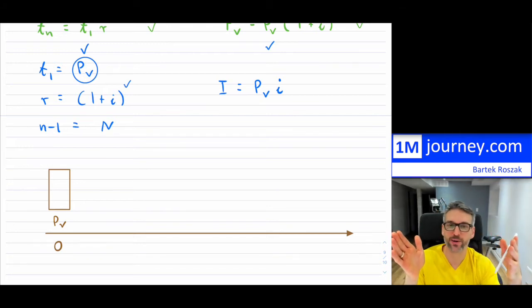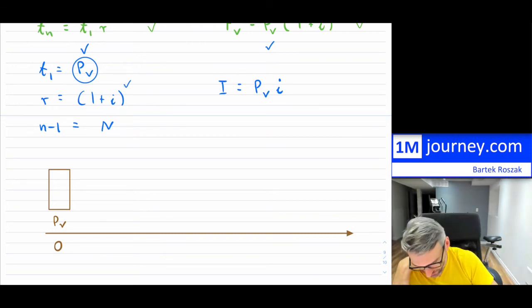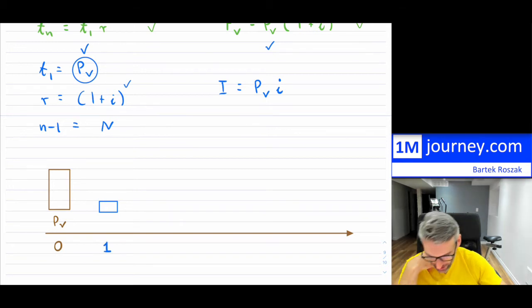So after 1 year, you would have made whatever that interest was, let's say 8% or 10% multiplied by your initial amount. And that would have been something. So let's say this is your I, and this is after one compounding period or 1 year, under this assumption.